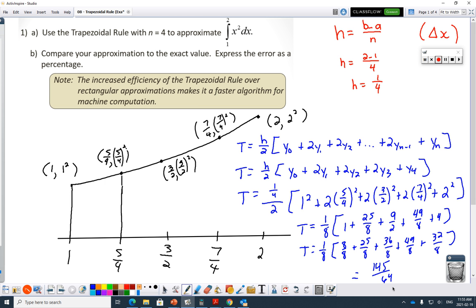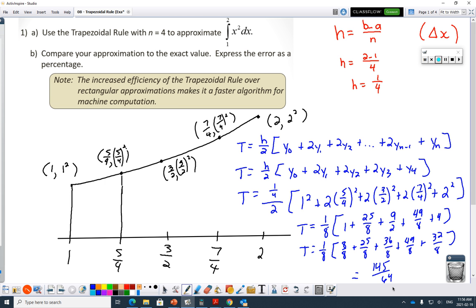Calculator. He broke down and got his calculator out. 1 squared plus 2 times 5 quarters squared plus 2 times 3 halves squared plus 2 times 7 quarters squared.